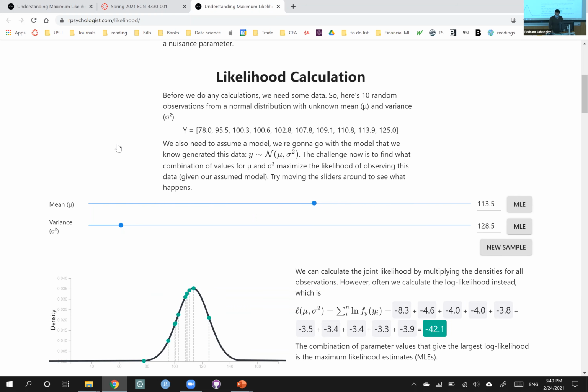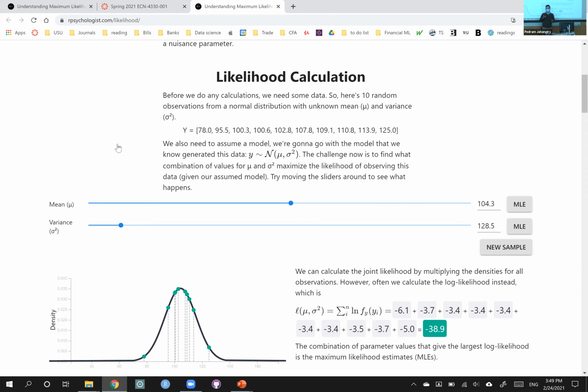If I click on the answer, it turns out to be 104.3 for the mean and 128.5 for the variance. As you can see, maximum likelihood estimation is a technique that, by changing the parameters of the model, tries to maximize the probability of these green dots happening under whatever distribution they came from.